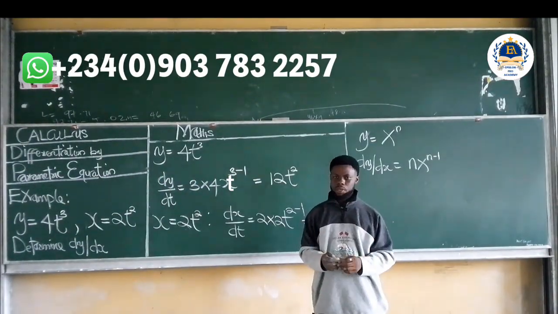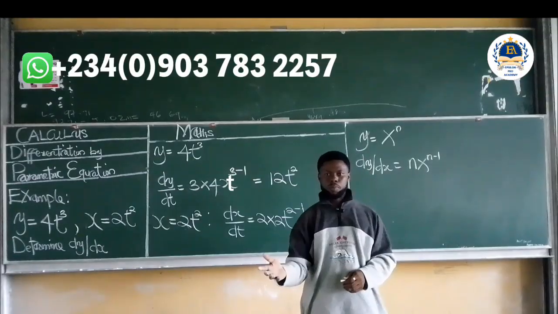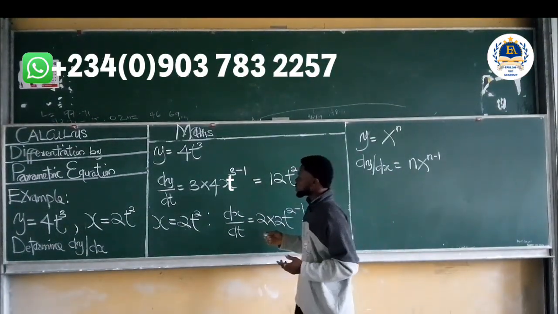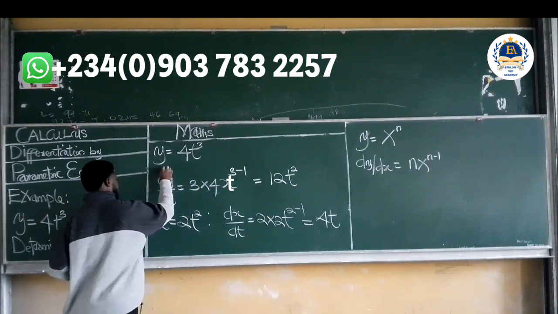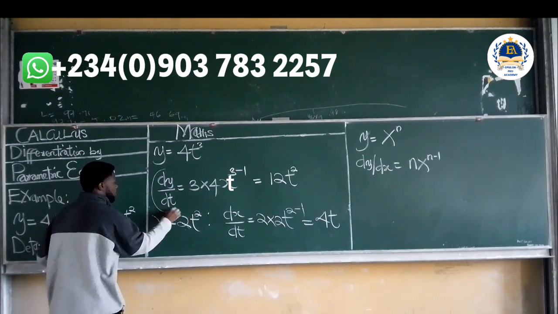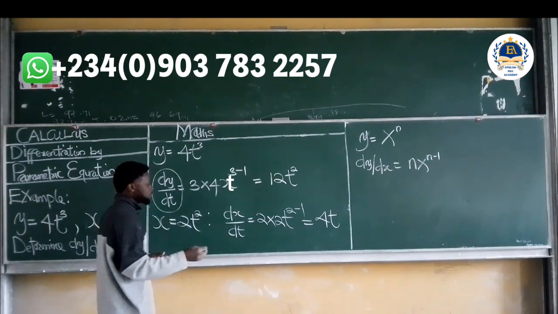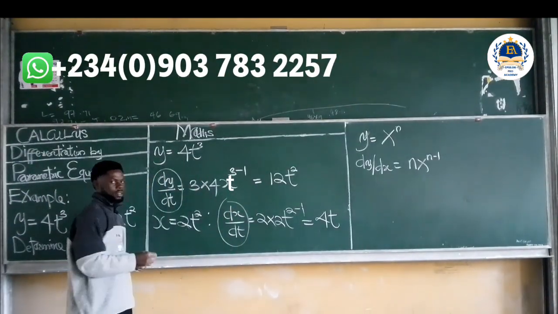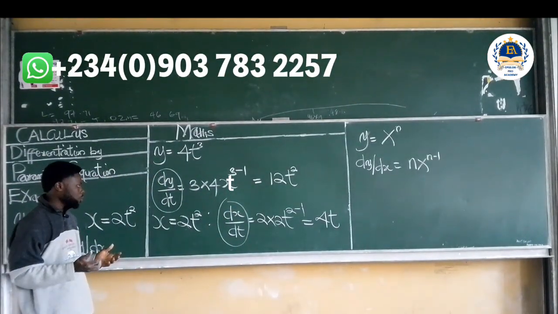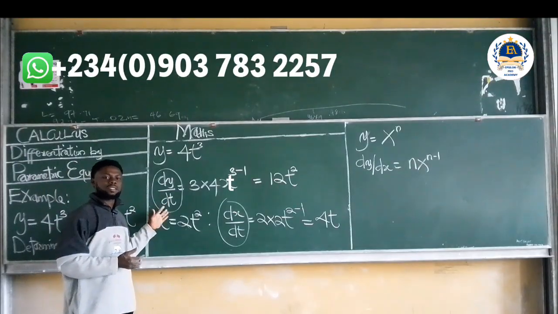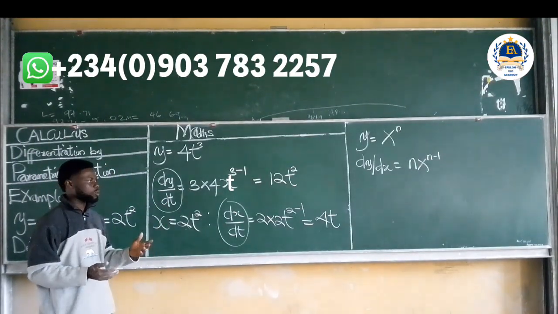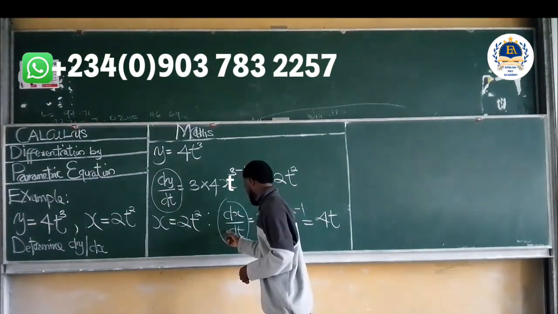Now the next step is to either multiply or divide. So we are going to evaluate dy over dt and dx over dt. After the evaluation, we must obtain dy over dx, either by multiplication or by division. Let's bring these two.